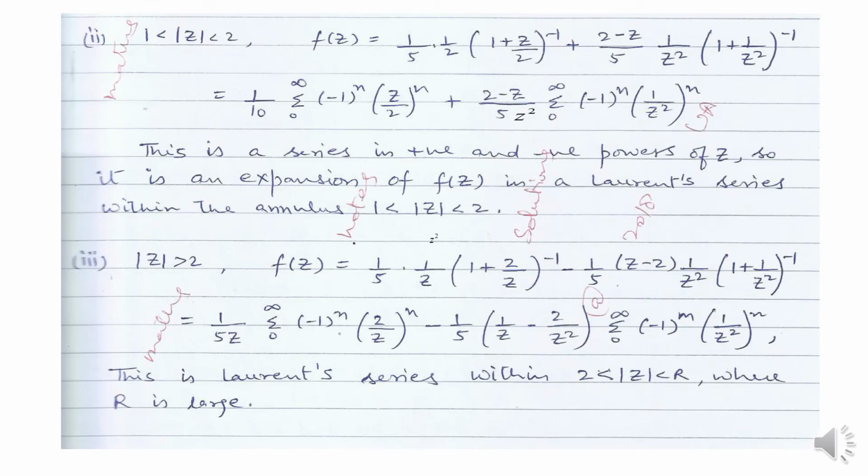Now we take the second expression, 1 < |z| < 2, so partial fractions we have already done. 1/5 is there, 1/2 (1 + z/2)^(-1). This first term is the same, because we know that |z|/2, we take this 2 in the denominator, so |z/2| is less than 1.